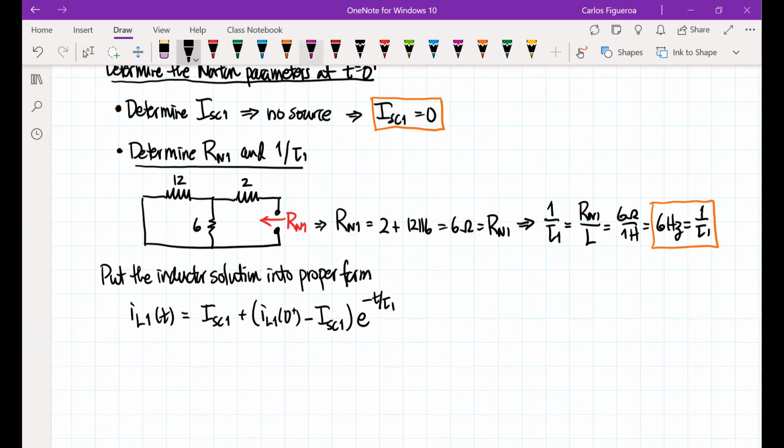When I write this out, we can immediately see that this guy is 0, this guy is 0, and we know that the initial condition was 2, so this becomes 2 e to the minus 6t amps, and this is IL1 between 0 and 51 milliseconds. So now I have my inductor solution right here.